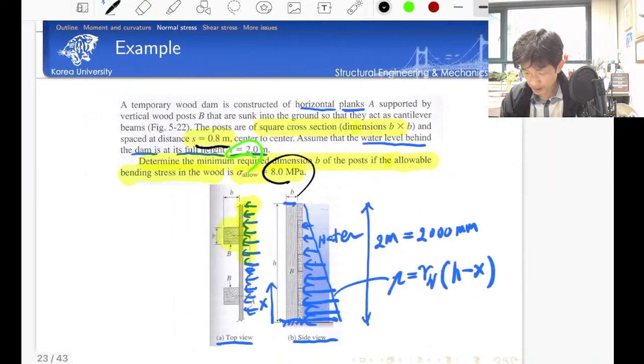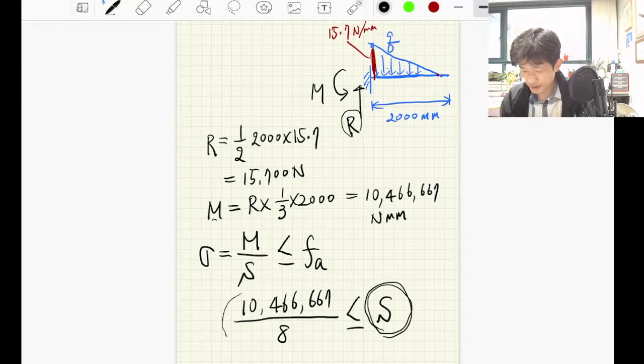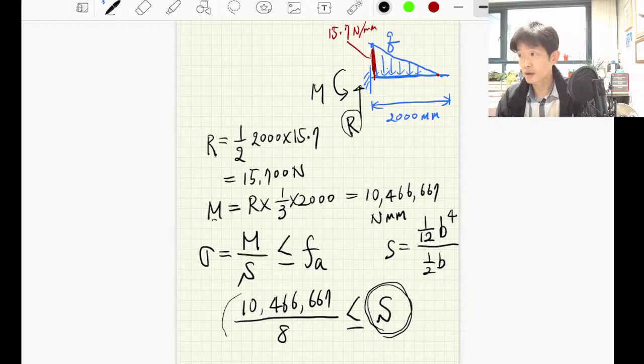It is 8 megapascal. And then this is my section modulus. So what we have to do is calculate this number and then find a cross section which satisfies this section modulus. Then how do you calculate the section modulus in the case of a square section? For a square section, we need to consider the second moment of inertia, and because this is a square of side b, the maximum distance is a half of b. Okay, so that's how we can determine the size of the cross section.